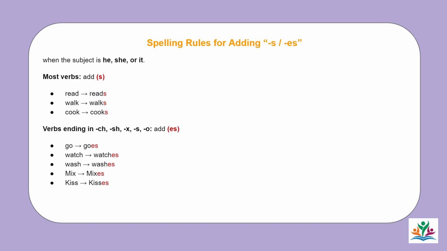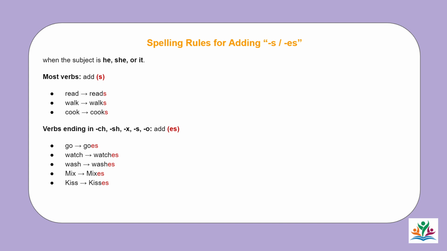For some verbs ending in ch, sh, x, s, o, we basically have to add an es, not an s. For example, go, we need to add an es to say goes.